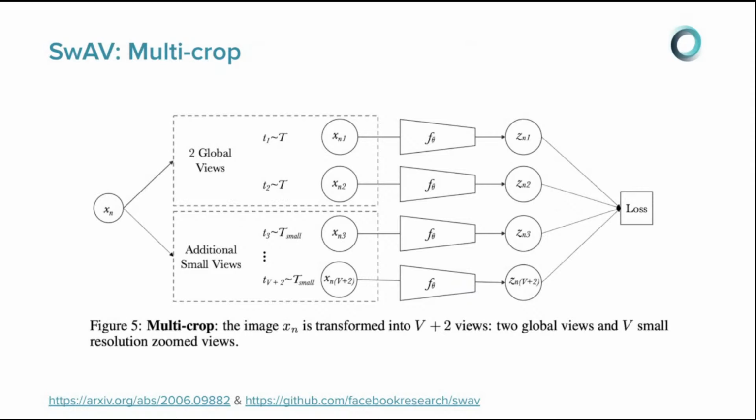I guess the intuition behind it is that you want your model to learn not just the global view, but also the details, and how those details relate to the whole picture. But again, that will depend very much on your data.